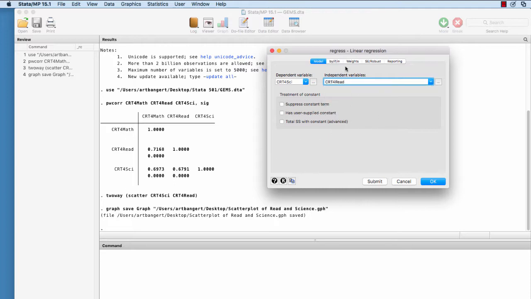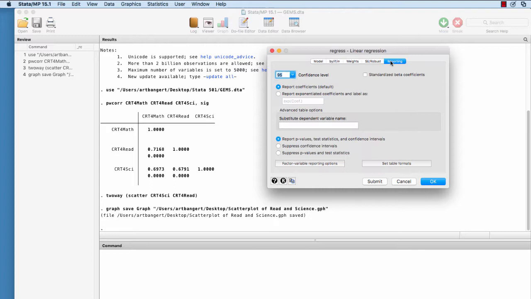Now, the other thing I want to do is under reporting, I want to also specify standardized beta coefficients because I want to be able to know what my beta coefficient is in terms of a mean of 0 and a standard deviation of 1. Now that's not so important now because we have only one beta coefficient to look at.